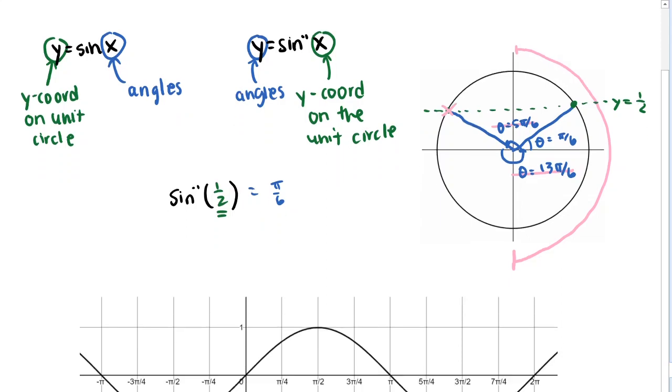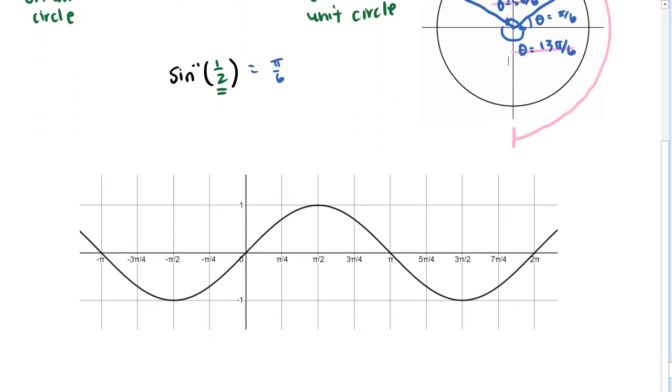And so graphically, if we look at this y coordinate of 1/2, it crosses our graph y is equal to sine of x many times, and we're only looking at the portion of this sine function from negative pi over 2 to pi over 2 to define our inverse function, sine inverse of x.